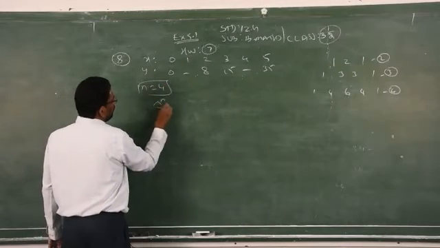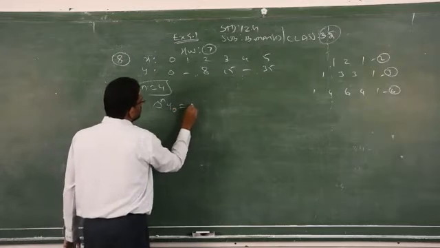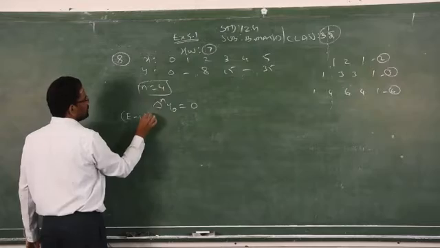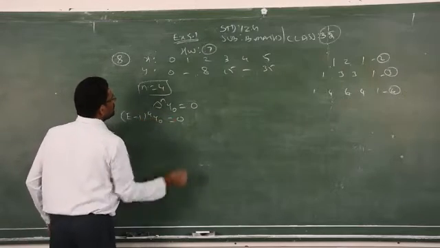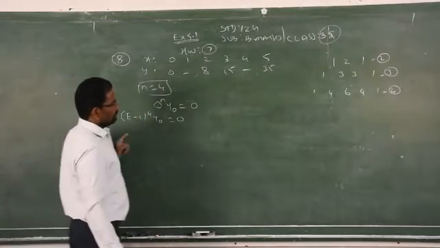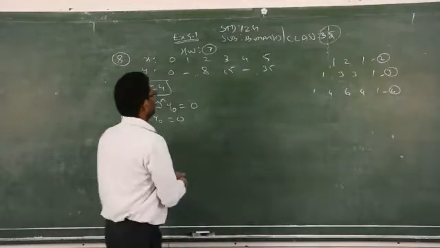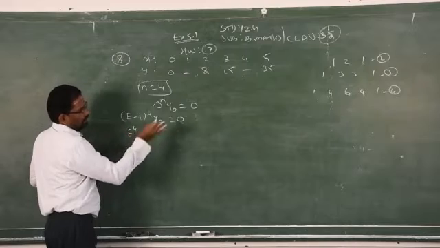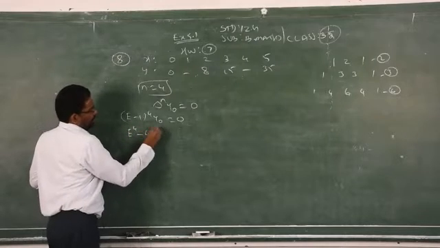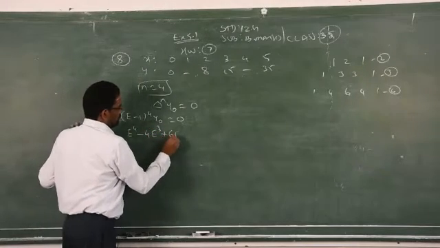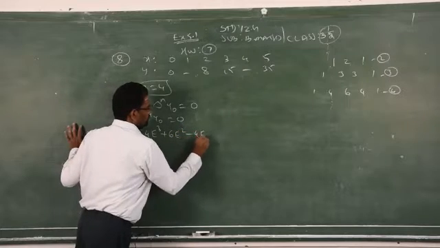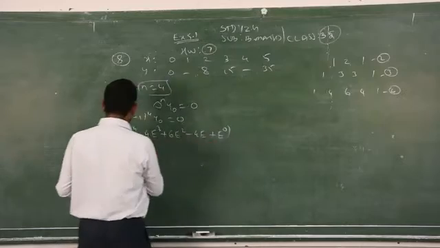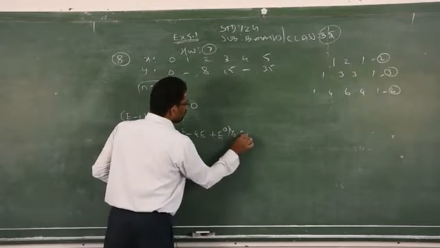So delta power n y naught is equal to 0. What is delta? (E minus 1) power n, n is 4, y naught is equal to 0. Just expand for this one. E power 4, I straight away write minus 4E cubed plus 6E squared minus 4E plus E power 0, close the bracket, y naught is equal to 0.